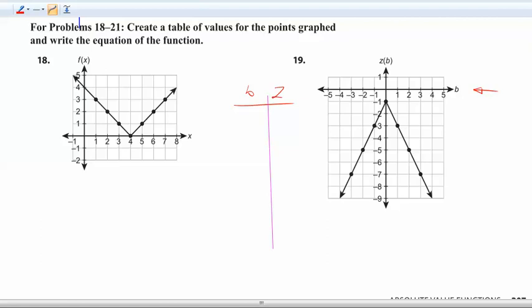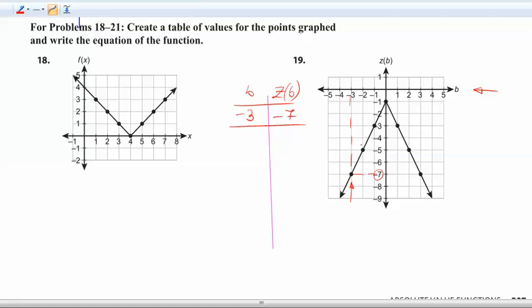And z of b, b and z of b. All right. How should you solve this problem? Well, first point, right? This one here. What is its x? -3. What is its y? -7. And you got your first pair.